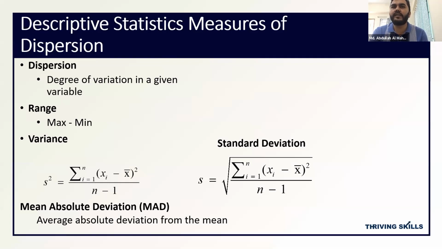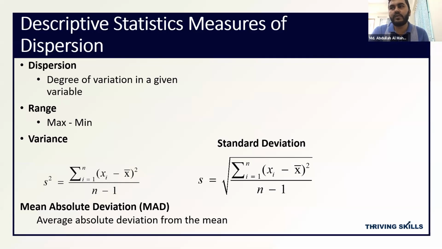You know about these formulas. In the standard deviations, we have these formulas. So deviation is important. Suppose you want to show how much your values are deviated from the mean value.